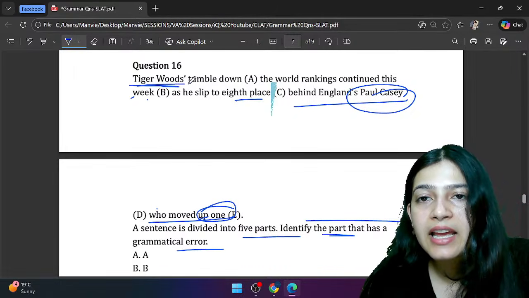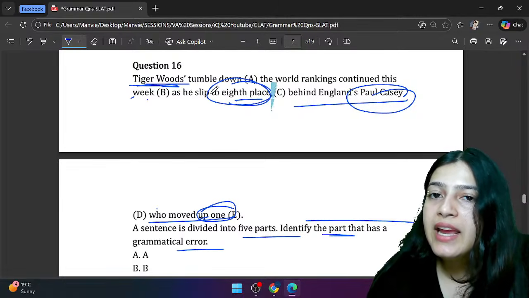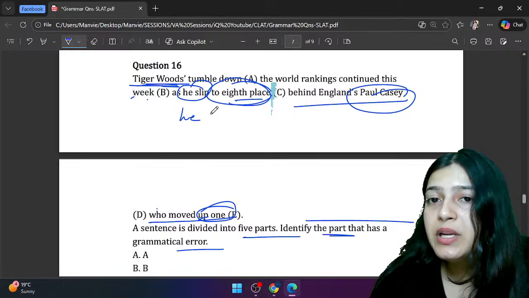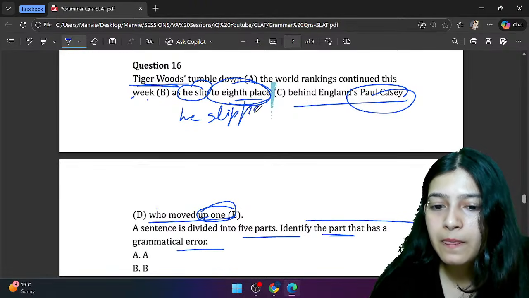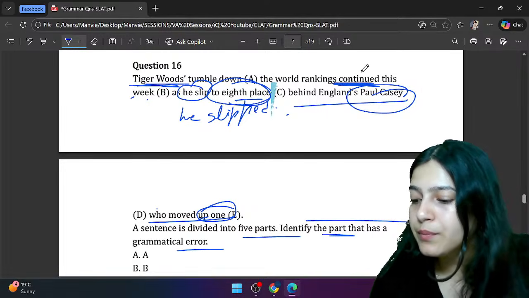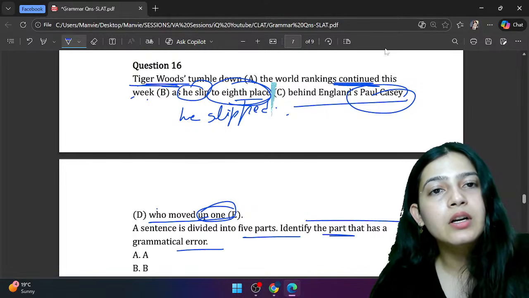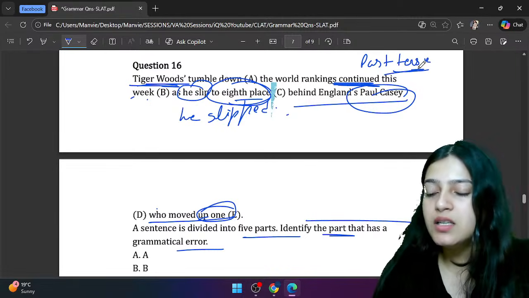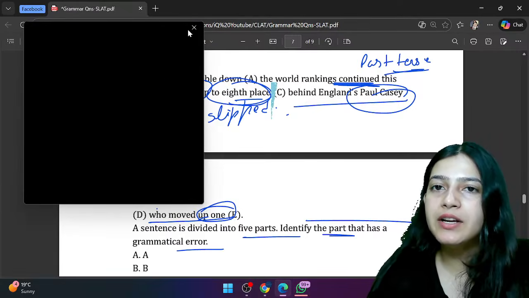But Tiger Woods has the 8th place here, and they have written slip. So it should be he slipped. Why? Because they say continued. It is past tense here. So that is why slipped.